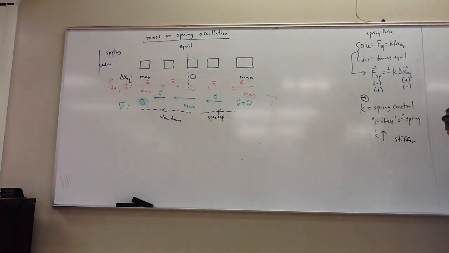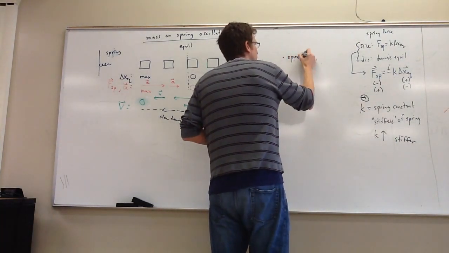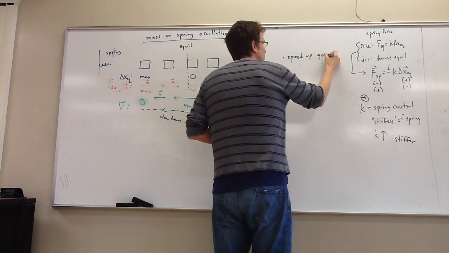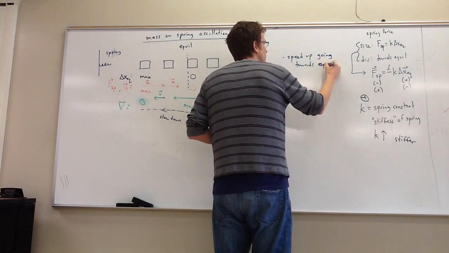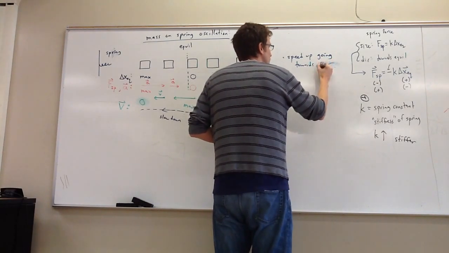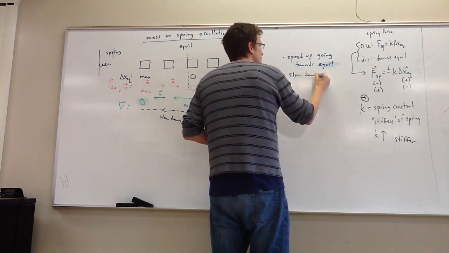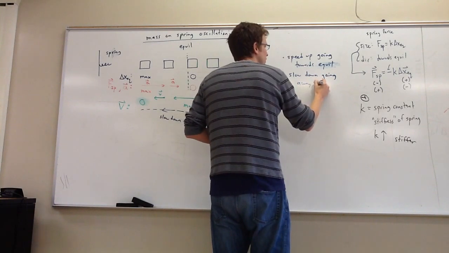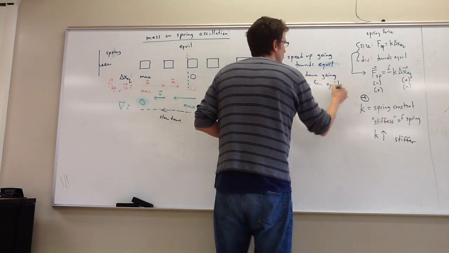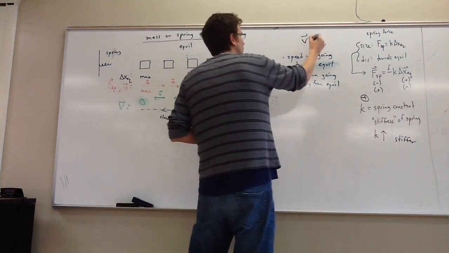So the common theme here is that you speed up going towards equilibrium, and you slow down going away from it. So that's kind of a theme for how the velocity evolves.